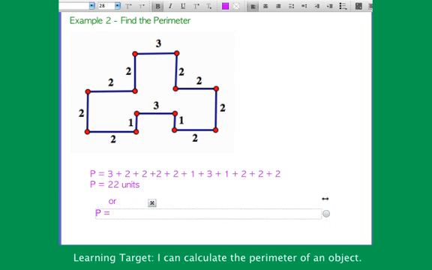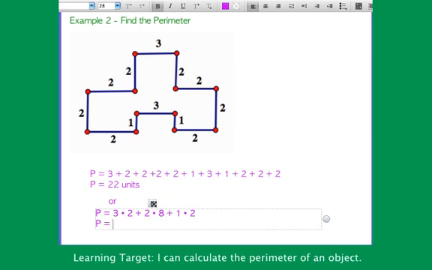I'm giving myself some room here. 3 twice plus how many 2's? I have, let's see, 1, 2, 3, 4, 5, 6, 7, 8 2's. And then I have 2 of these 1's. Okay?